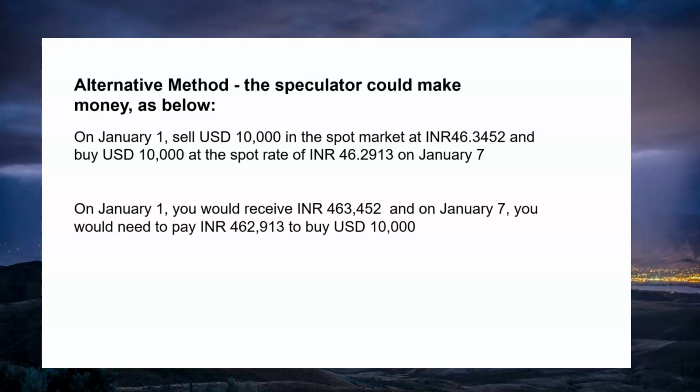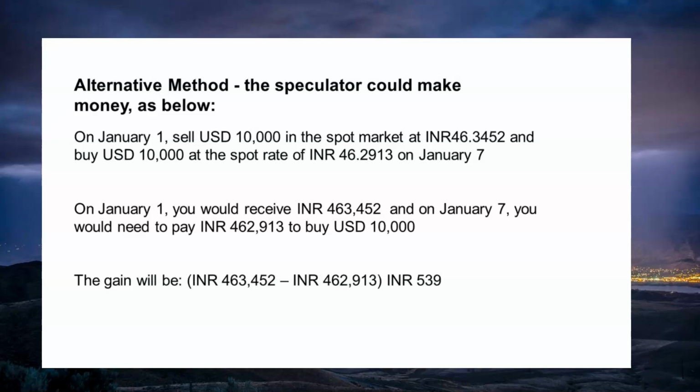So on January 1st, the speculator would receive rupees 463,452, and on January 7th, the speculator would need to pay rupees 462,913 to buy $10,000. This will leave you with a gain of rupees 539.